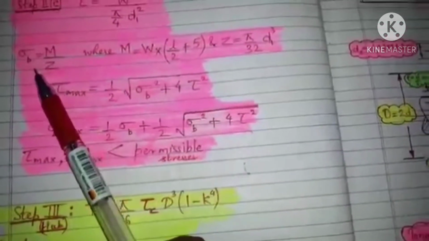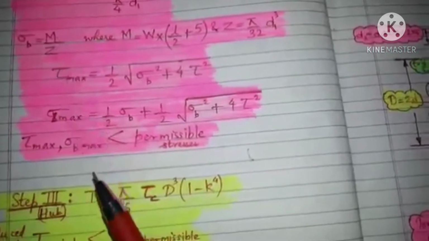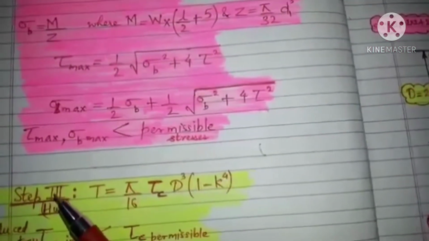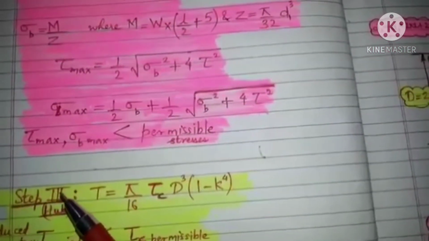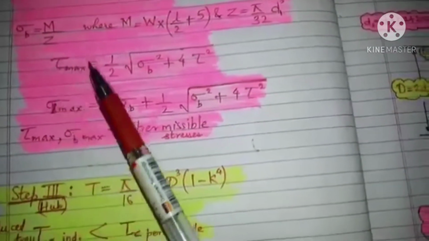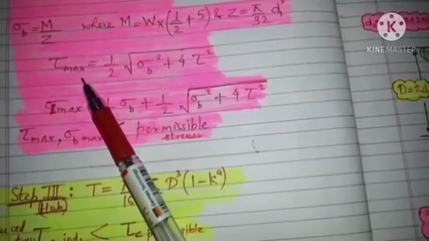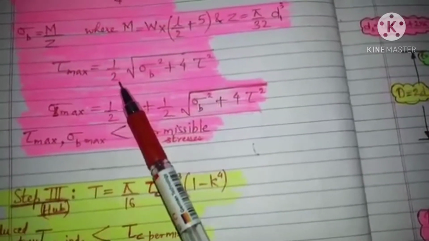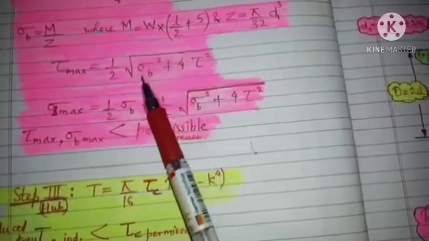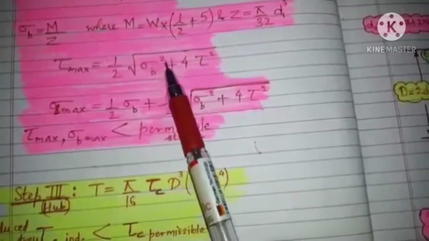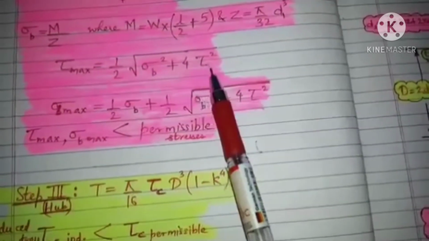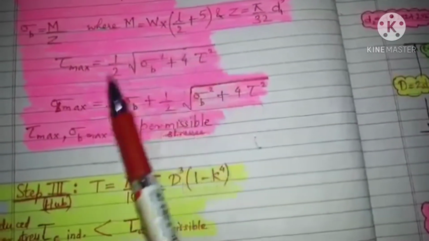With that we can find the bending stress, but we also need to find the maximum shear stress and maximum normal stress. For maximum shear stress, the formula is half root of bending stress square plus 4 into direct shear stress square.